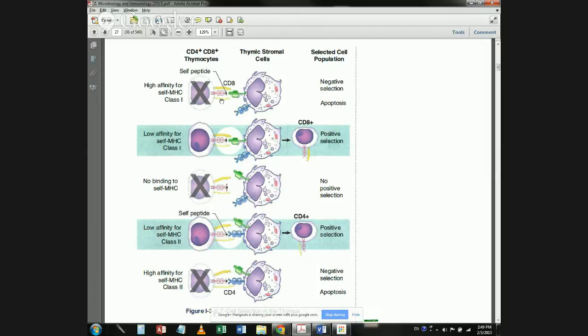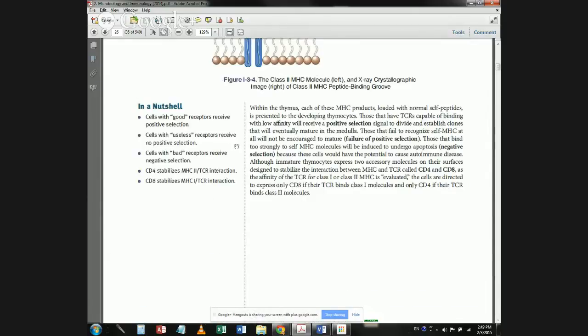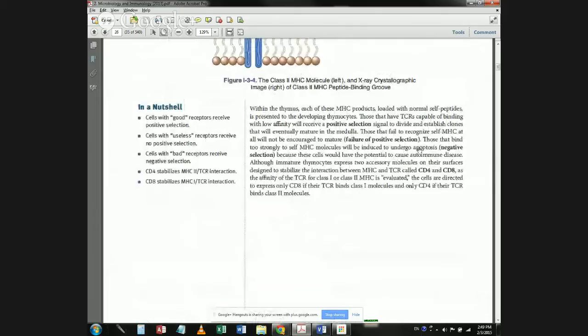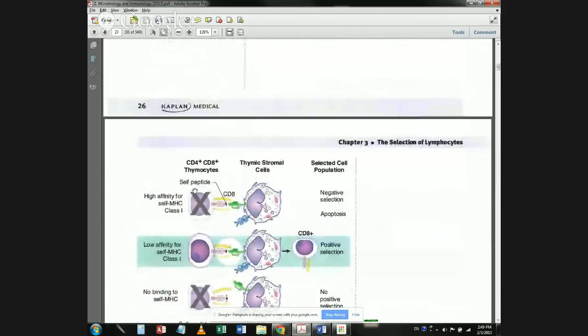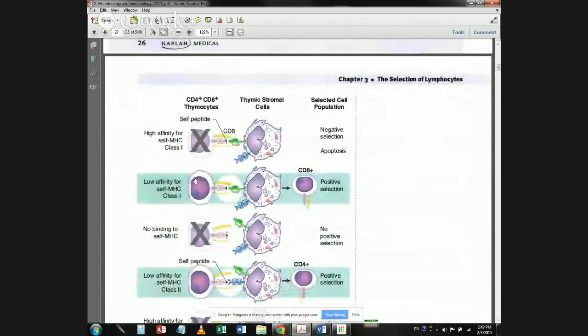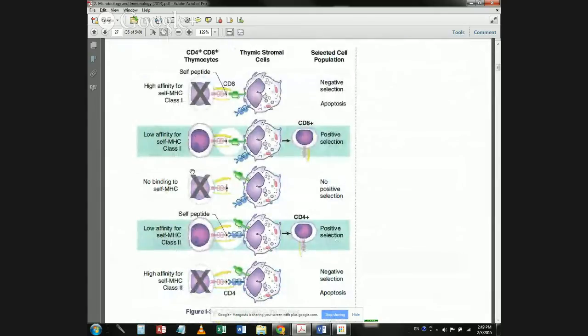It's binding really strongly to that molecule. Immediately it's going to say, no, that's too tight, I'm sorry, you can't proceed, and we're going to have to kill you. That's pretty severe. They have to undergo apoptosis here. So they're eliminated. You don't pass the program, you're just dead basically. We don't even let you back out into the system to try out somewhere else.